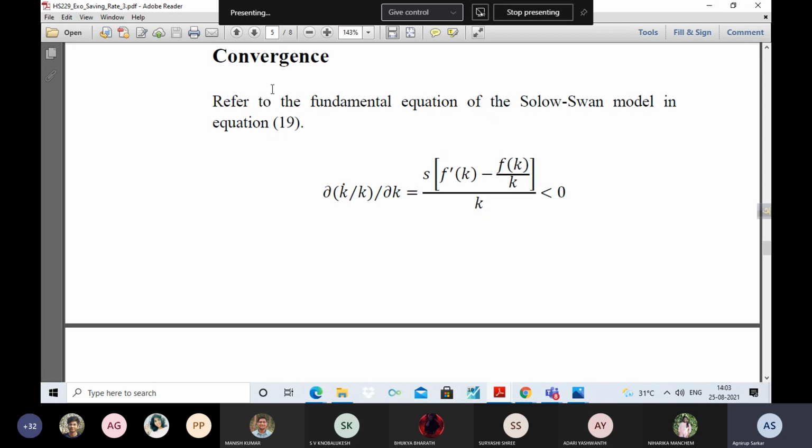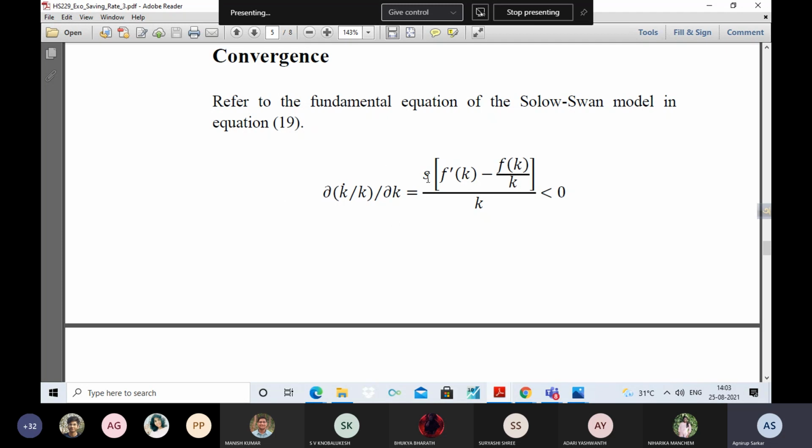Okay, so I'm sure that all of you by now are familiar with the fundamental Solow-Swan equation given by equation number 19, right? Once you have this equation, you can take a partial derivative of k dot by k with respect to k.